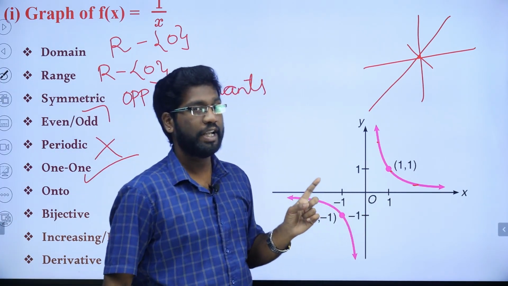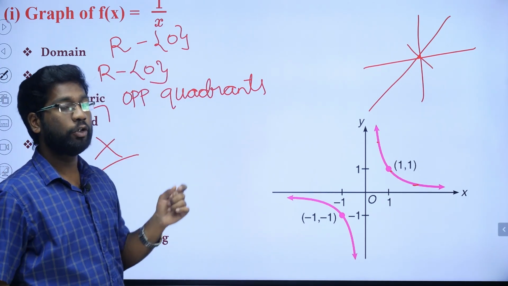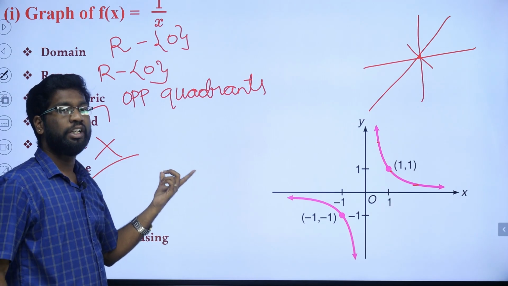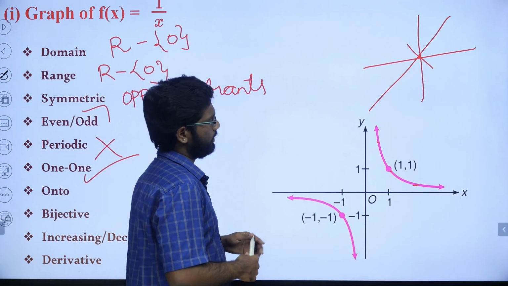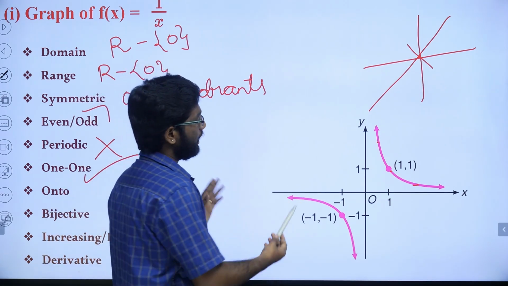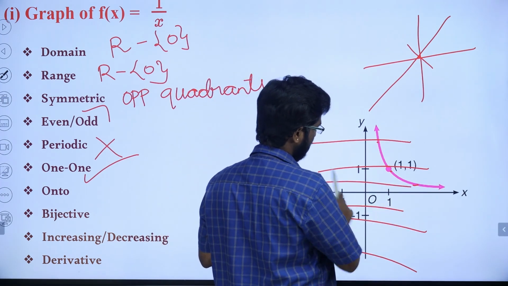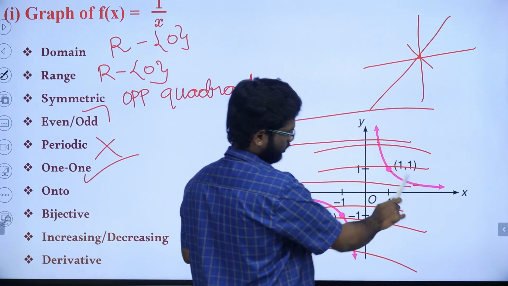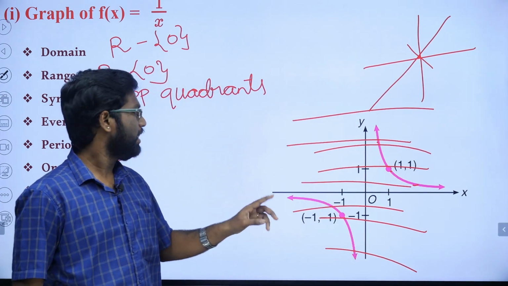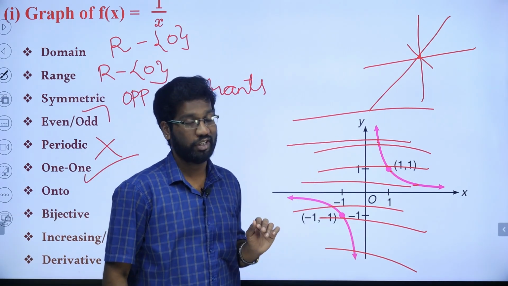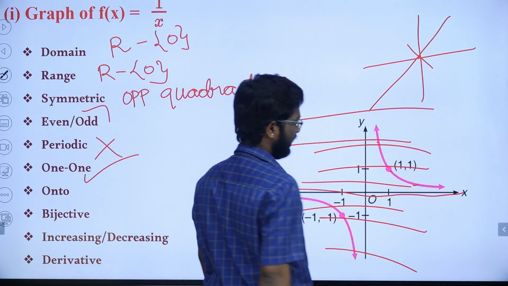for onto function only, my dear students, you have to be very careful with the domain and codomain. If my codomain is also R minus 0, then for me no problem. By the graph I can directly say, my dear students. From the graph, how can we say? If I draw any horizontal line anywhere in the graph, it has to touch my graph, my dear students. If there is any lacking, then I can say this graph is not an onto function. Here you can have the doubt, sir, at 0 there is a line which does not touch any graph, sir.